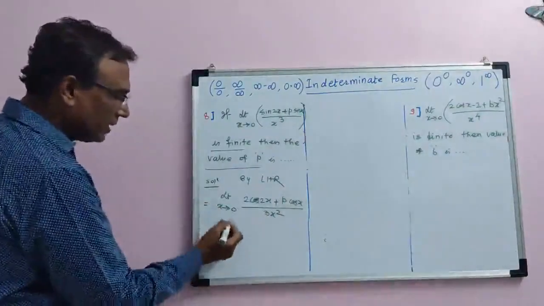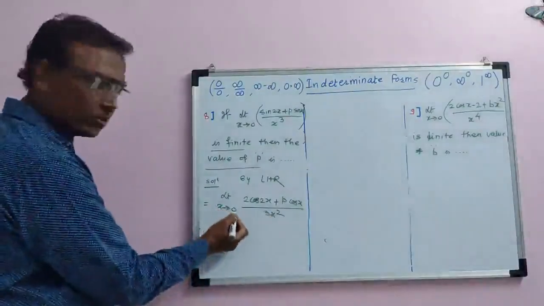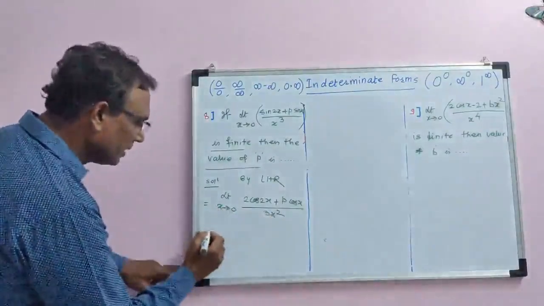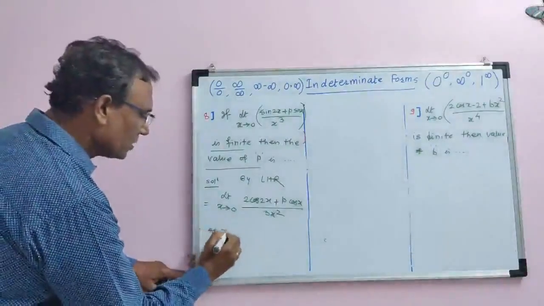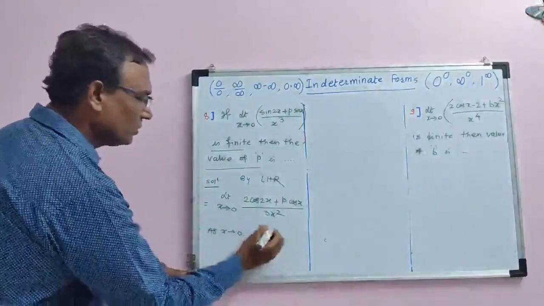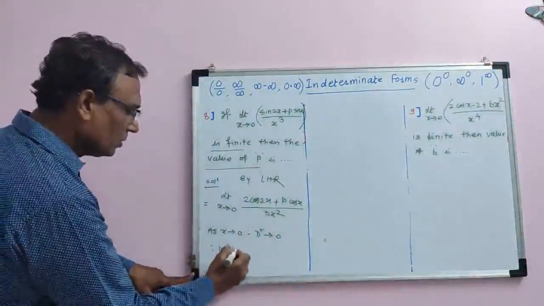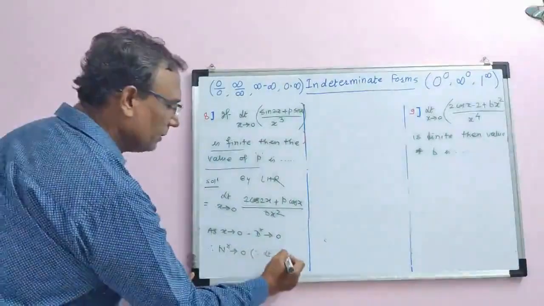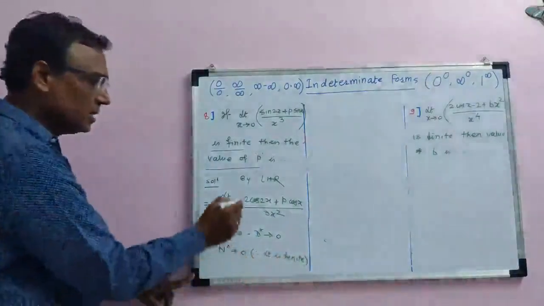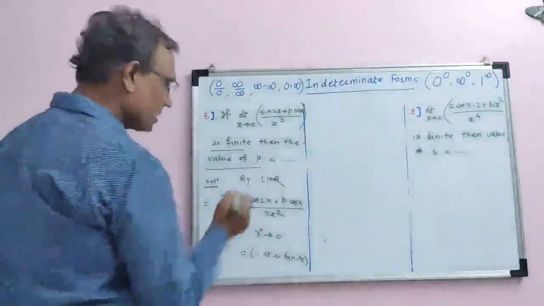Now, as denominator tends to 0 for x equal to 0, I am writing here like this. As x tends to 0, denominator tends to 0. Therefore, numerator tends to 0 for x equal to 0, because limit is finite. Since limit of this function is finite, numerator tends to 0 for x equal to 0.